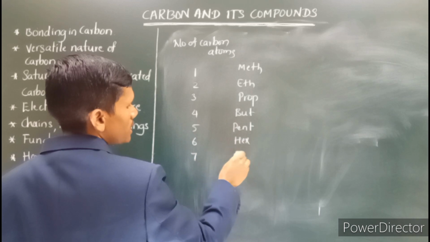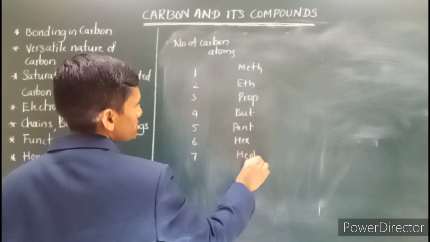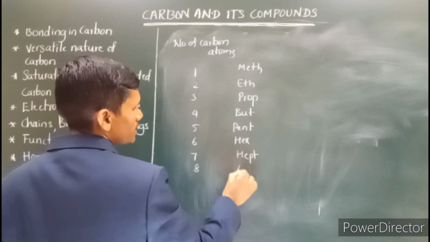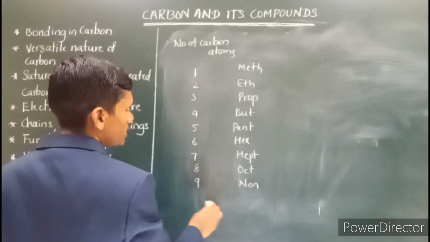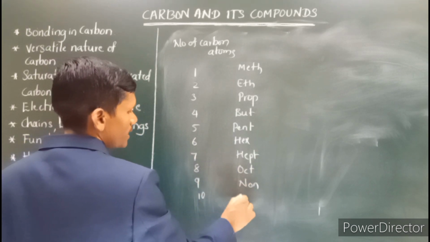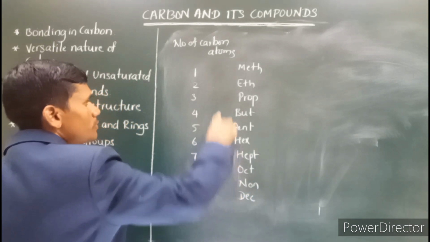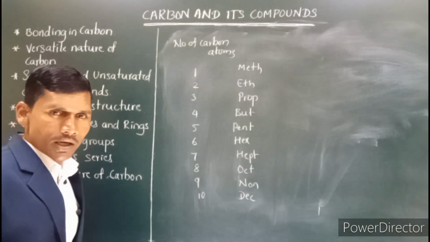If 7 carbon atoms, it is called hept. If 8, that is called oct. If 9, non. And if it is 10, we take it as dec. You must remember all these things first.